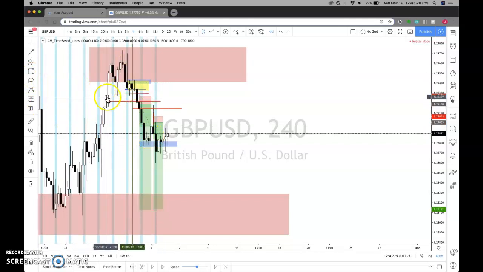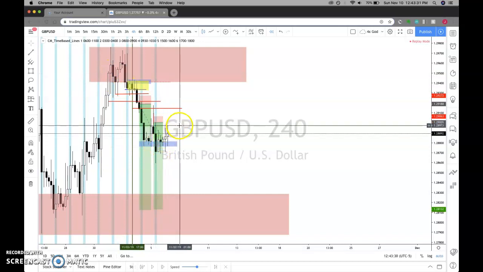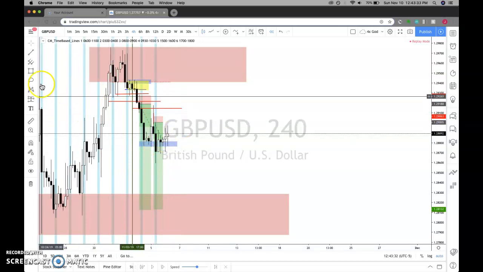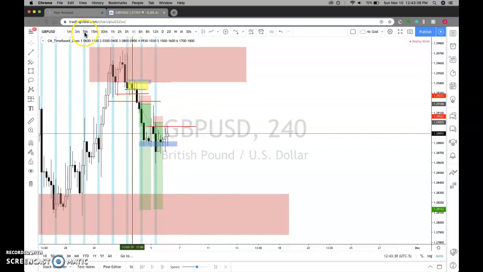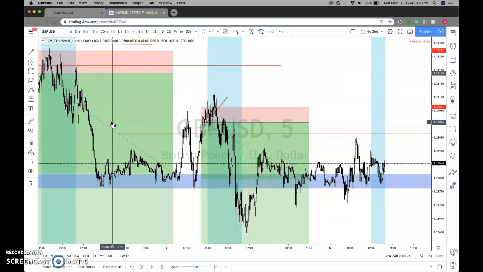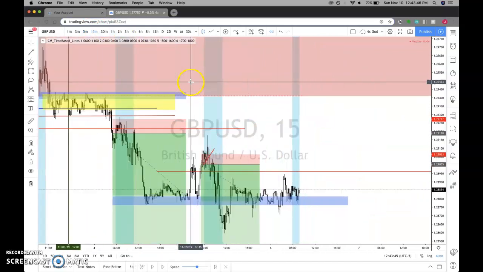So what I would probably do is bank on that as a retest. So I'd probably have that there. And I'd probably come back down here and see where we are. Got an M15 transition.